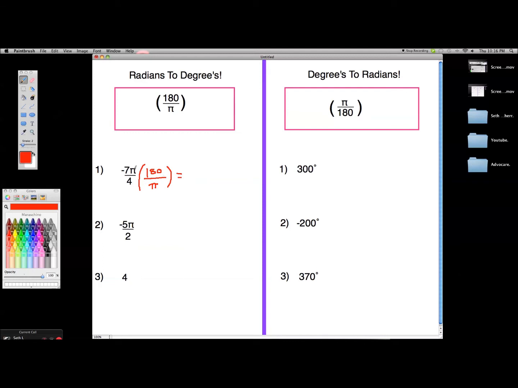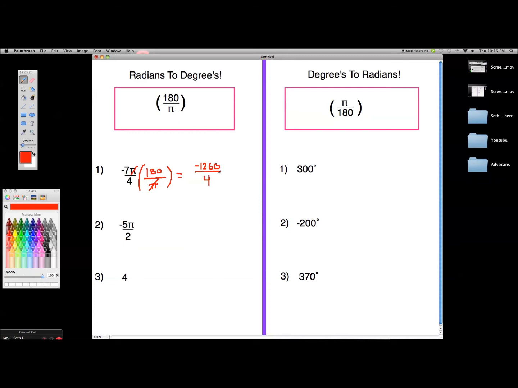So since you have a pi at the top and pi at the bottom, it cancels out. And so negative 7 times 180 is going to be negative 1,260. And 4 times 1 over here, it's going to be 4.